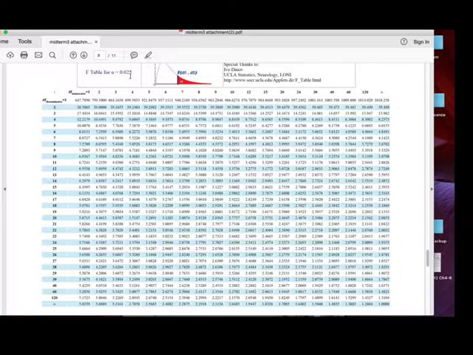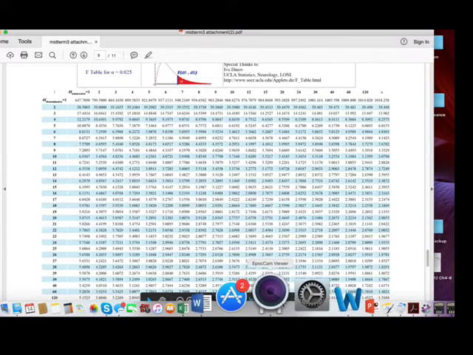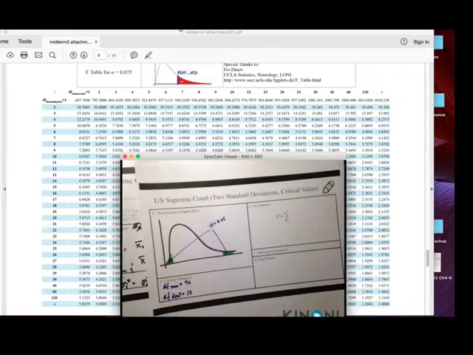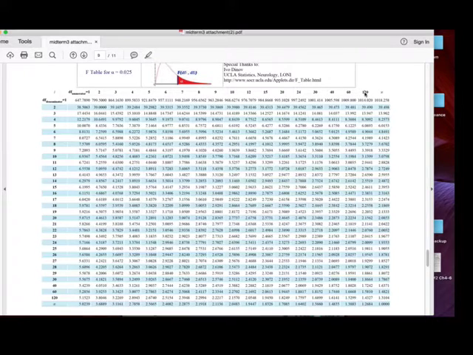And then the degrees of freedom for the numerator will be on the top. You can see the degrees of freedom numerator; we have 92 here. We don't get exactly 92, so we're going to take the closest one, which is 120.